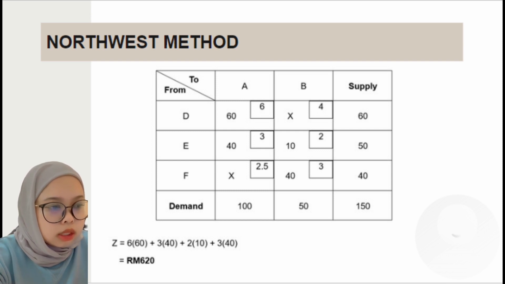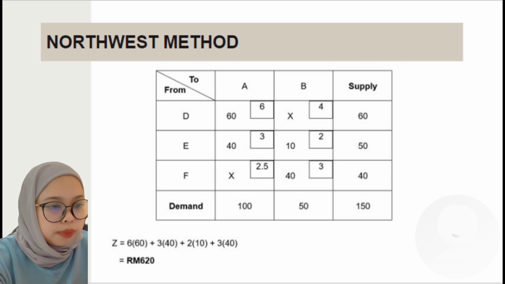So the answer is 60, and for the next one, the amount left to meet the demand of 100 is 40. Then let's see F, 2.5. The demand is enough, so let's proceed to X.